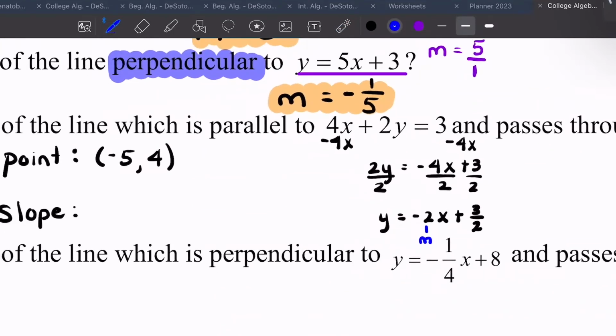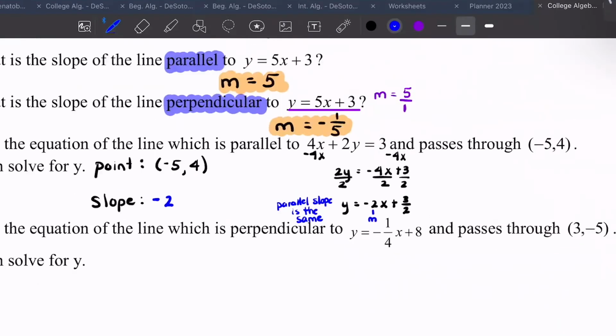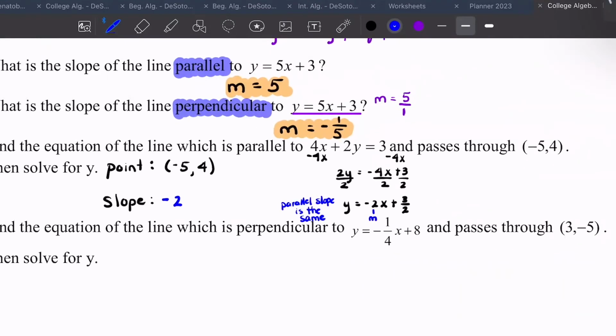Since my slopes are the same, my parallel slope is the same. So my m is negative 2. Now I have a point and I have the slope of my parallel line.